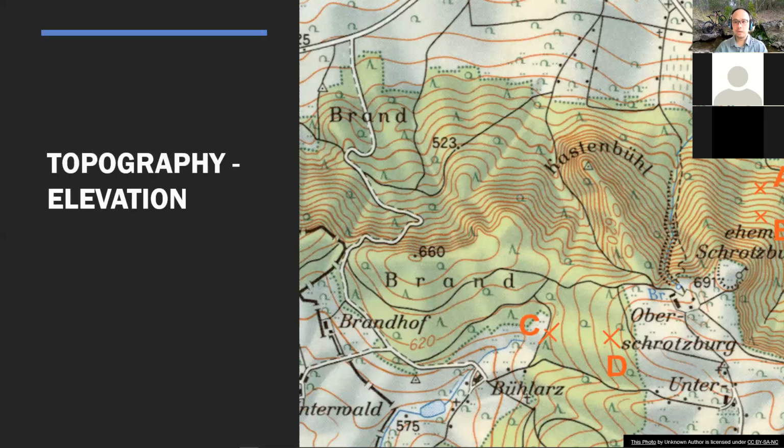So no more than 5 to 9 elevation classes, just so that it doesn't complicate the map.